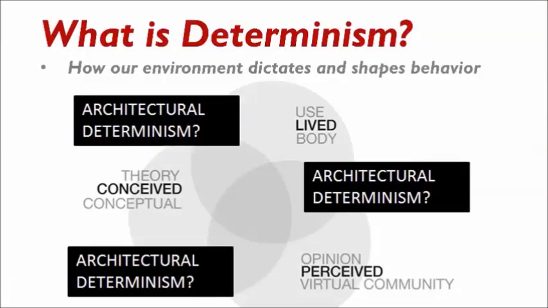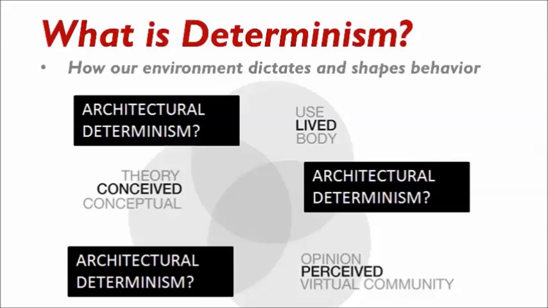So what is determinism? When we talk about architectural determinism, we're really talking about how our environment dictates and shapes our behavior. Because often we're talking about the inverse, where we're talking about how our behavior or how we perceive things, or things that we tend to want to design, how that impacts the environment around us.